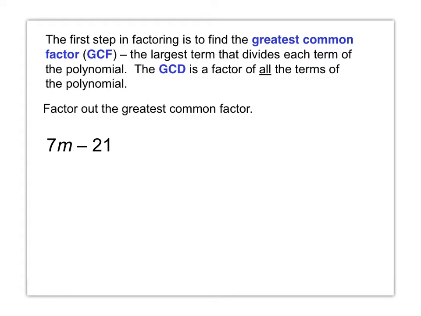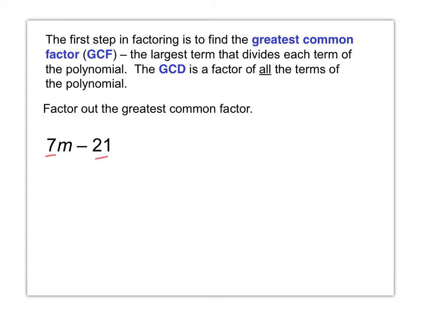The first step in factoring is to find the greatest common factor, the GCF, the largest term that divides each term of the polynomial. The GCD, greatest common divisor, is a factor of all the terms of the polynomial. Let's factor out the greatest common factor. We're looking at the coefficients 7 and 21.